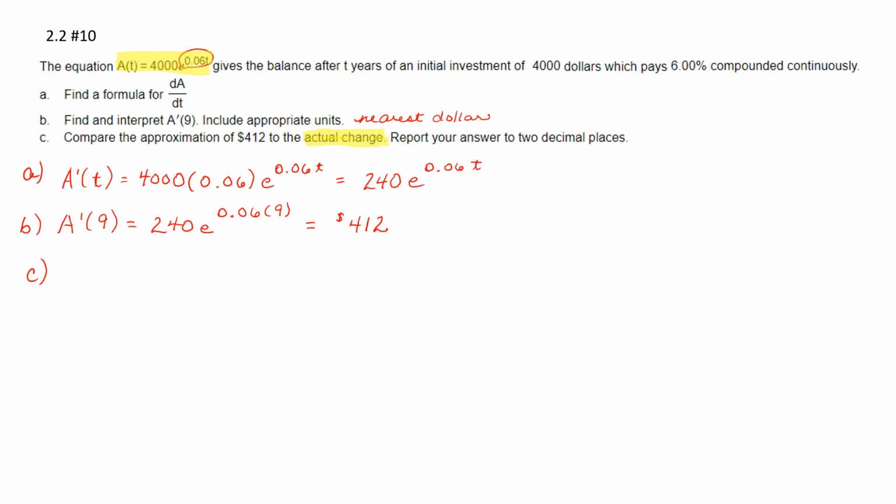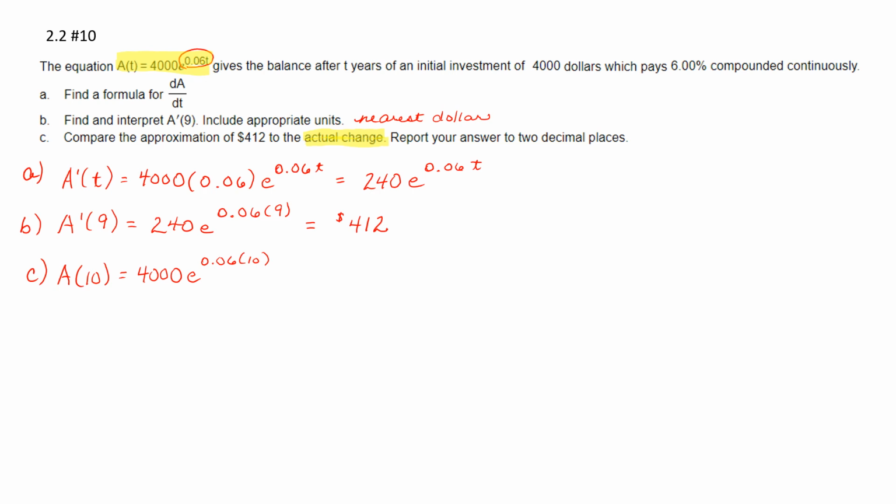So we'll start by finding A of 10. That gives us 4,000 times e to the 0.06 times 10.